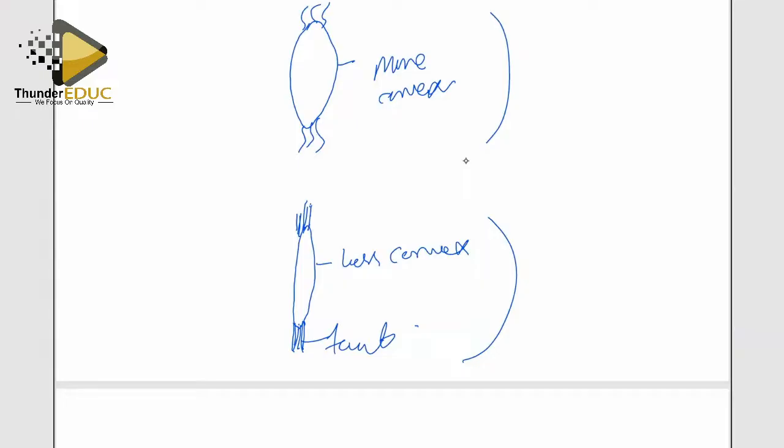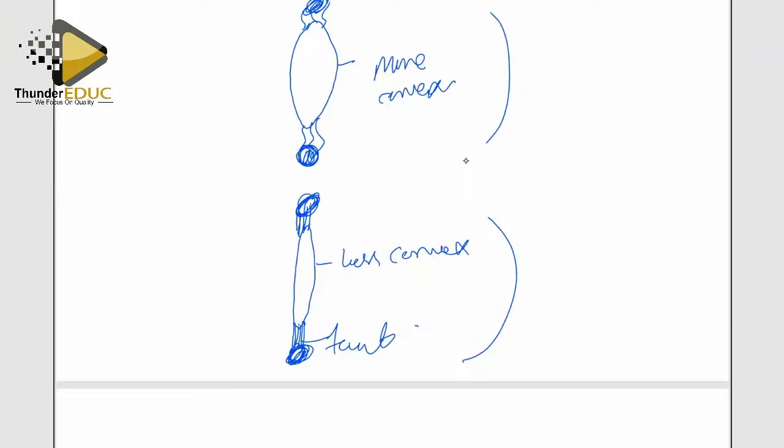So these suspensory ligaments, they have a muscle which is attached to them. That's what we said. This muscle, we call it the ciliary muscles. Ciliary muscles and suspensory ligament work in the opposite way.